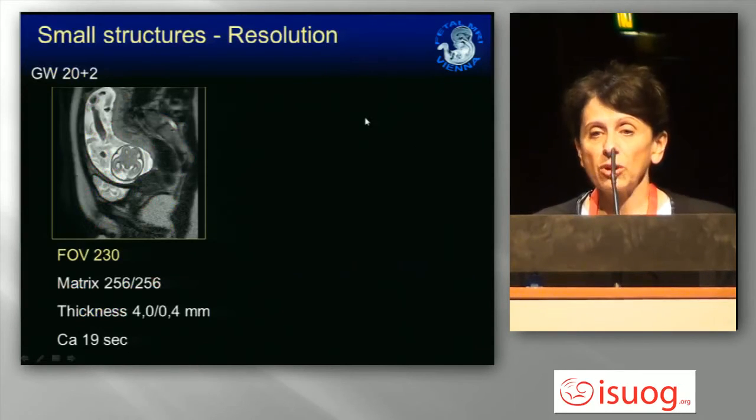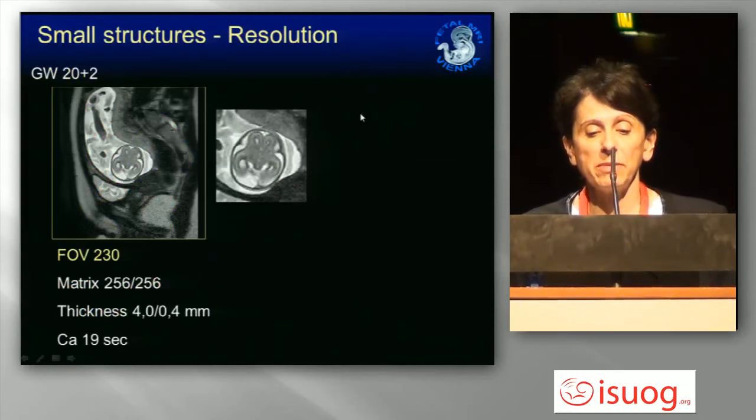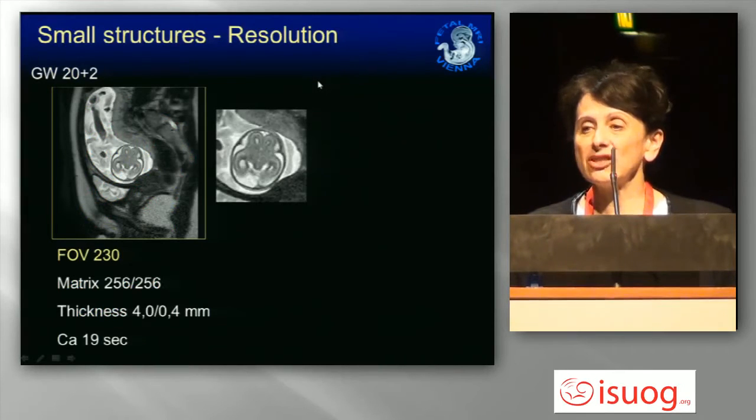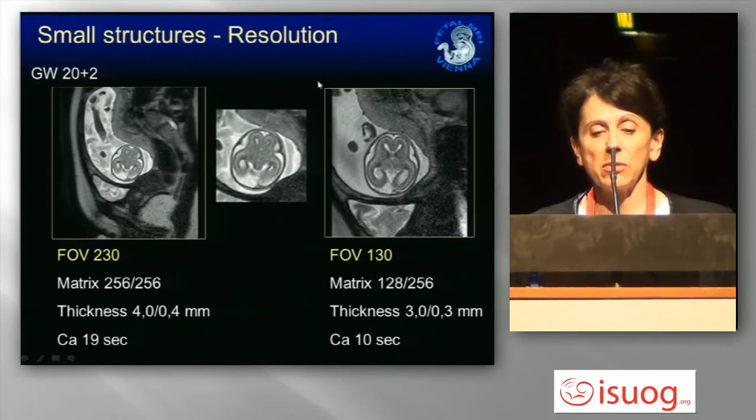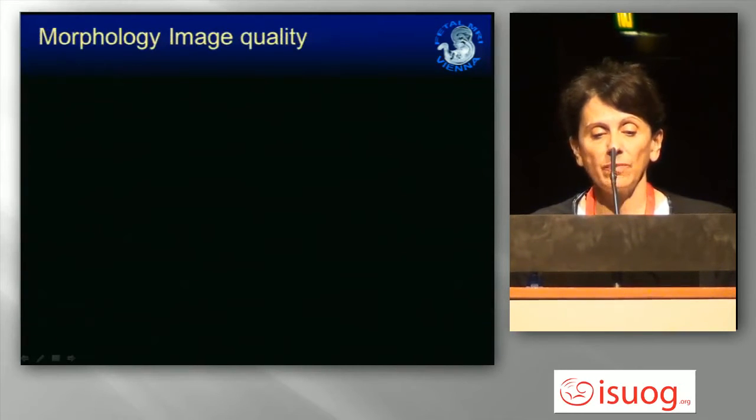But of course there are problems. As Gianluigi already mentioned, the resolution is not as high using MRI as using ultrasound, because you see we have rather thick slices, 3 or 4 millimeters, and the fetal brain is rather small.